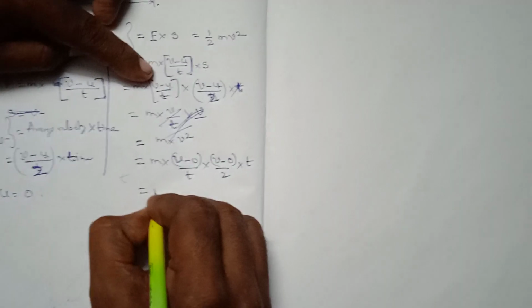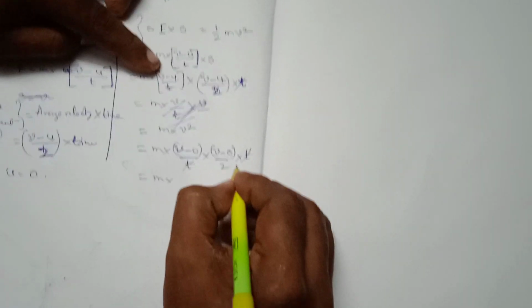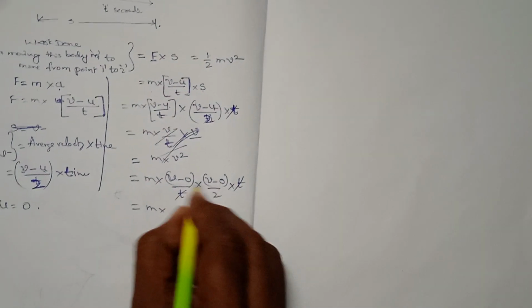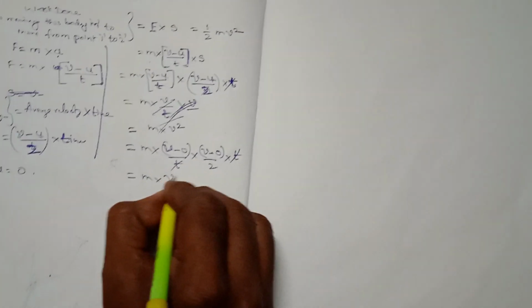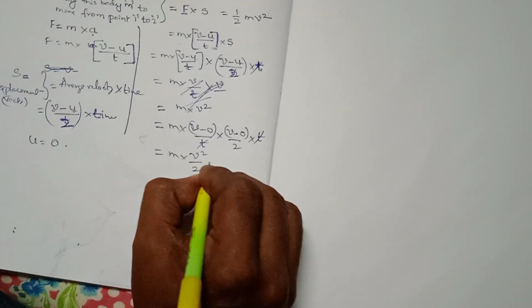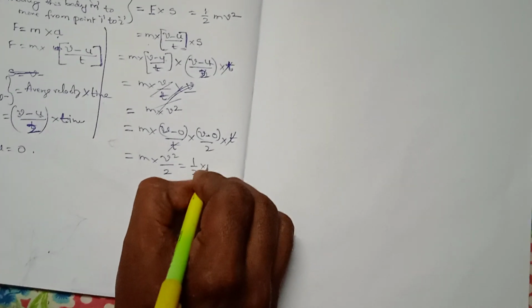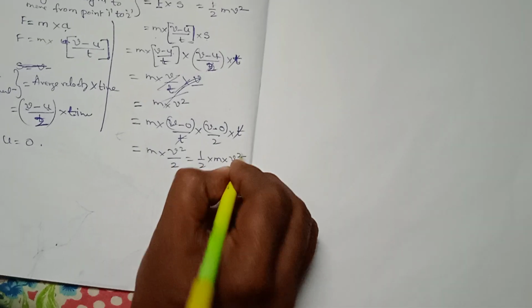Now this t cancels, and v into v is v square divided by 2. This is nothing but half mv square.